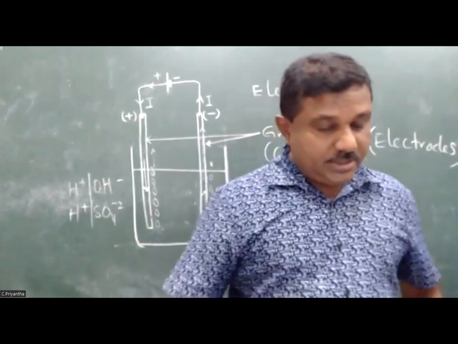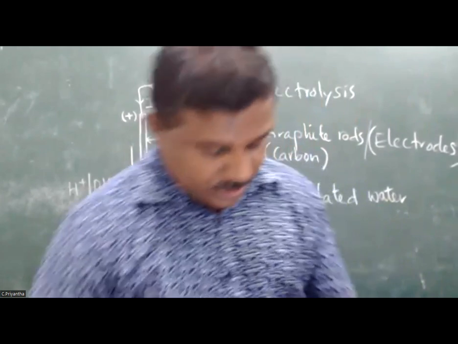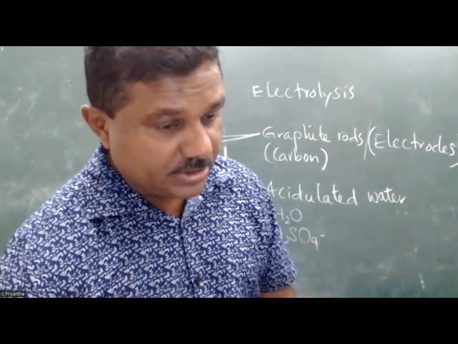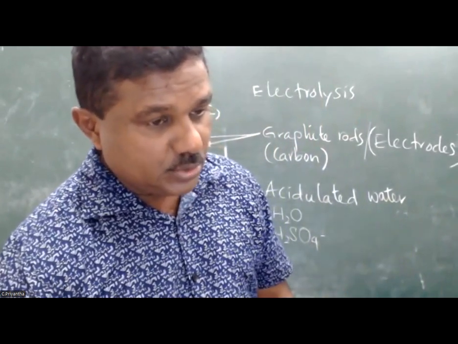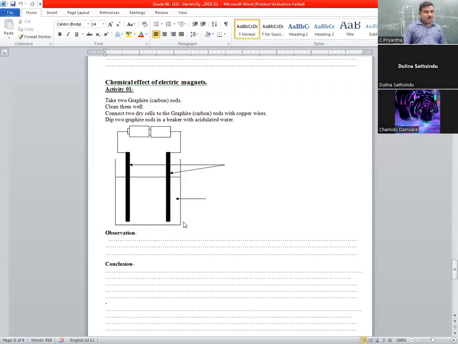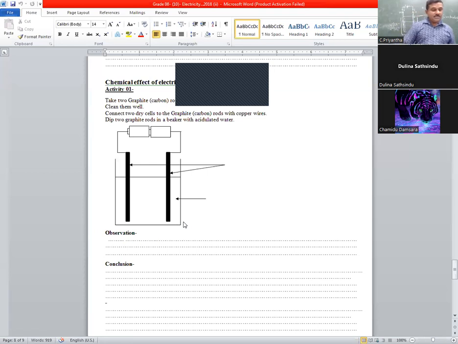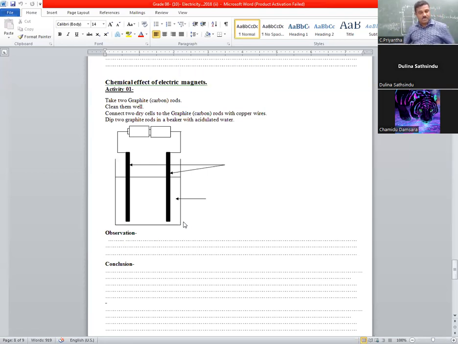Then take your hand out, turn to page number 19 of this paper. Name the two rods as graphite rods or carbon rods.